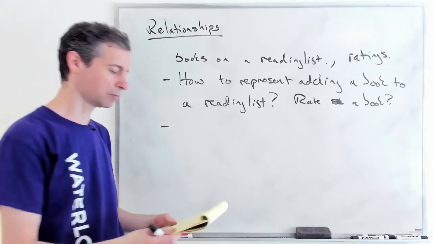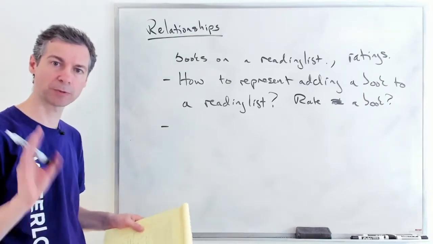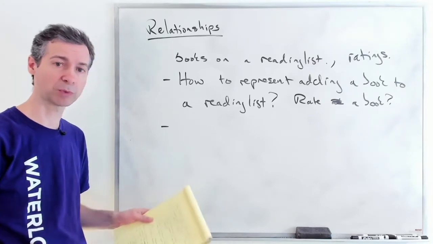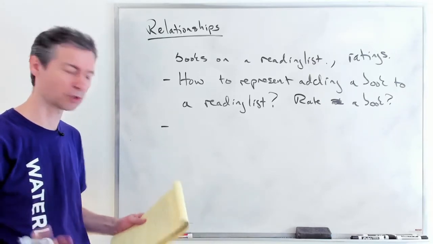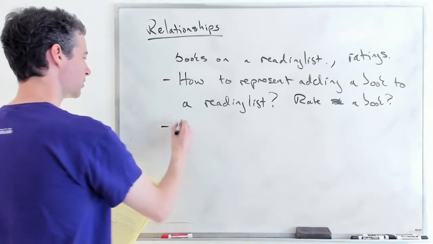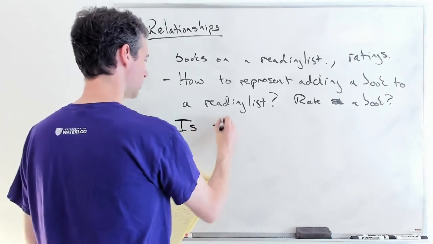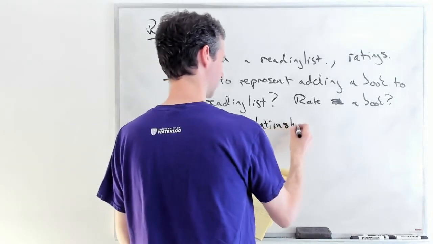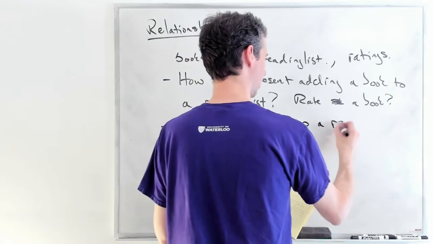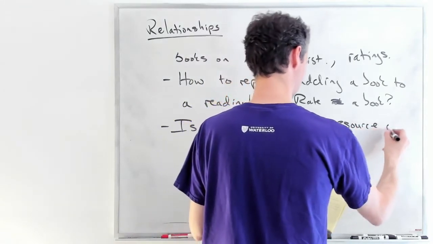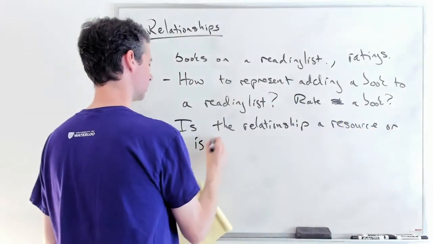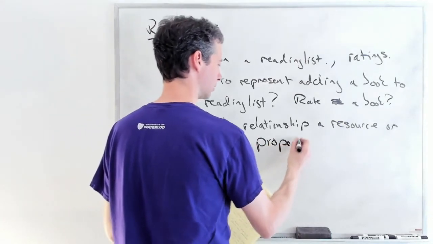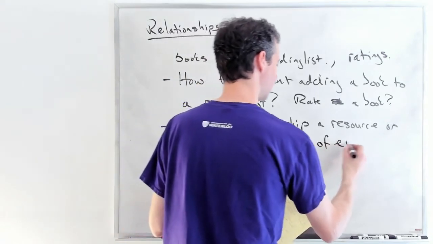Okay, I think in these cases, when we come up with the API design, there's a bit more flexibility. It's not so obvious what to call a resource, and so forth. But some questions that can help us: is the relationship a resource, or is it a property of existing resources?